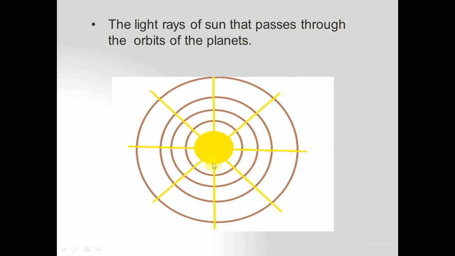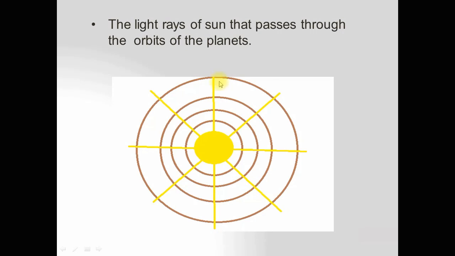And another very simple example: the light rays of the sun that pass through the orbits of the planets. Suppose this is the sun and these are the orbits. So these are the sun rays. These sun rays intersect the orbits of the planets at a 90 degree angle.